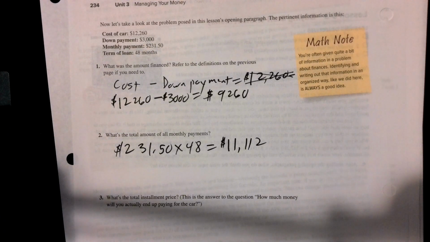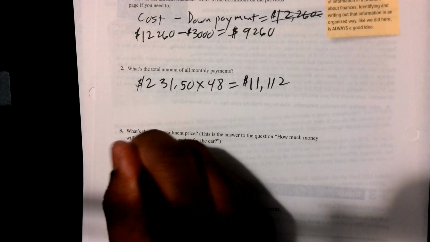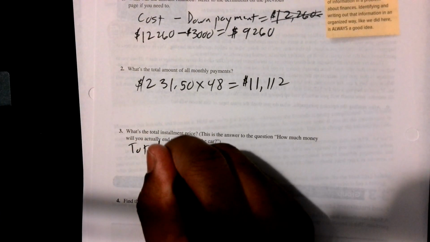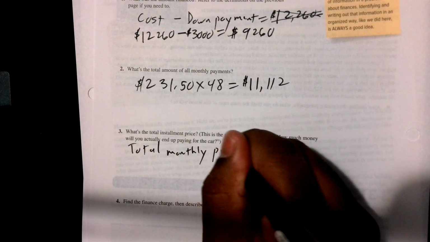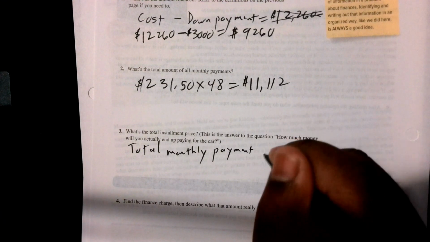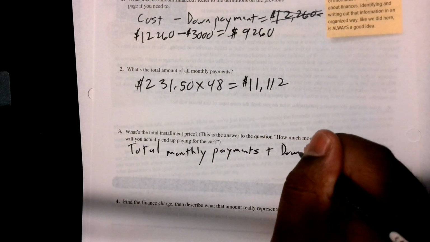Now we look down here at number 3. It says, what's the total installment price? This is the answer to the question, how much money will you actually end up paying for the car? So this is what we would do for number 3. Let me scoot this up a little bit. It's the total monthly payments plus the down payment.